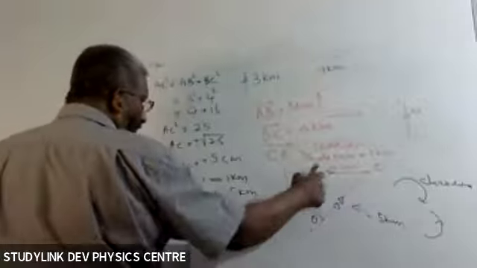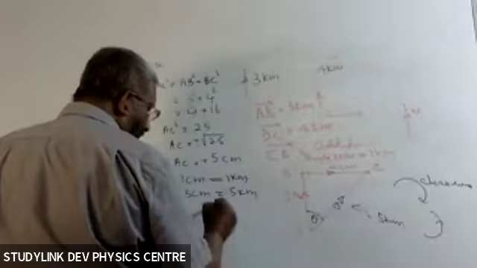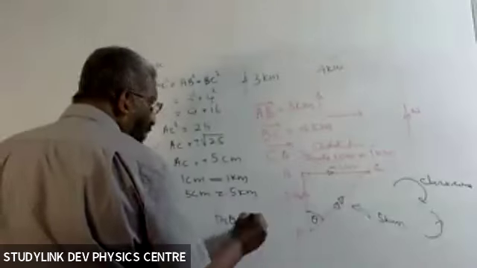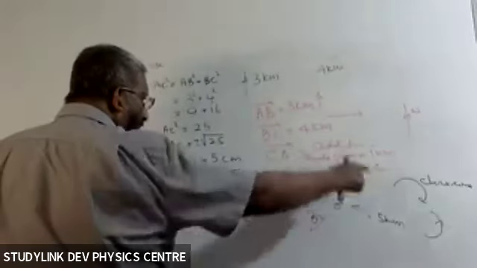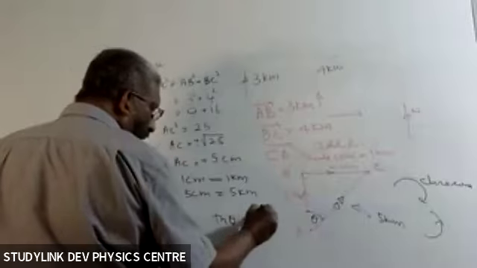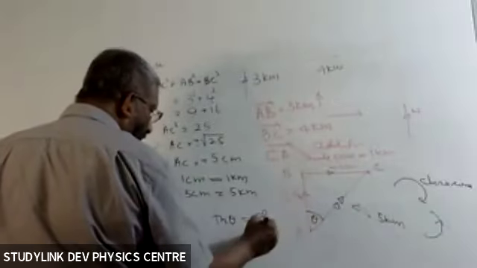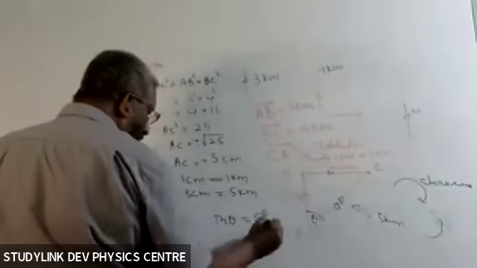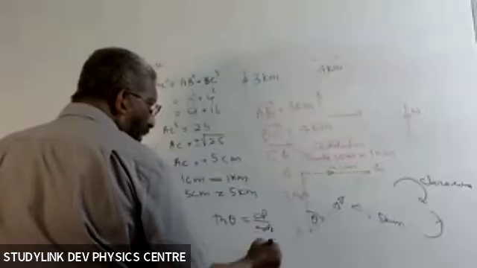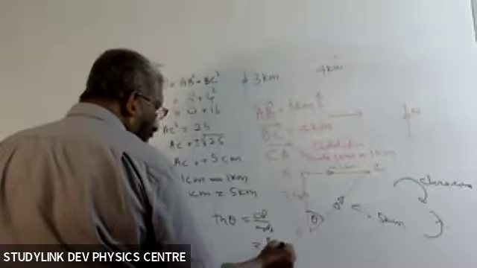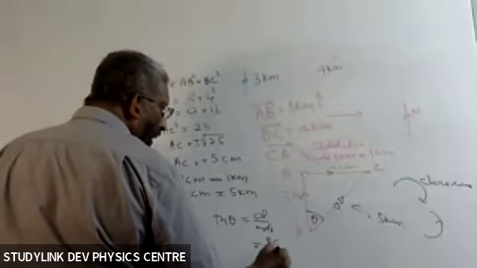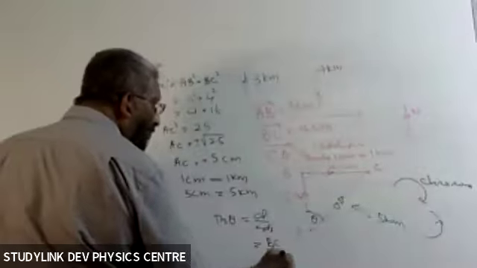Now consider tan theta, right? But tan theta is equal to opposite divided by adjacent. So then opposite one is BC divided by AB.